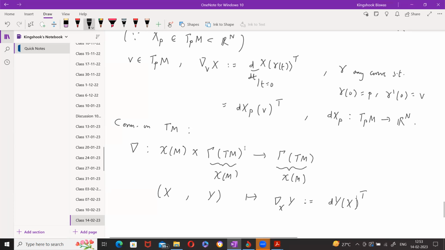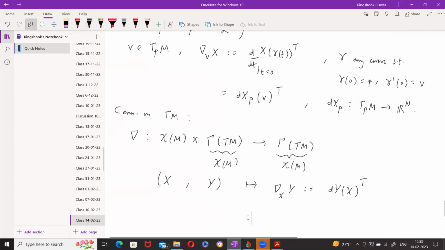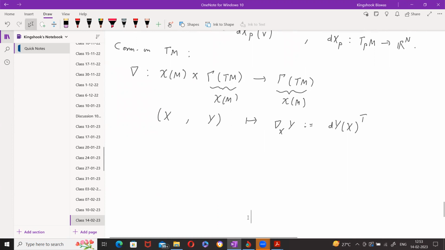Okay, good. So this connection satisfies two properties. One, this property is called metric compatibility.